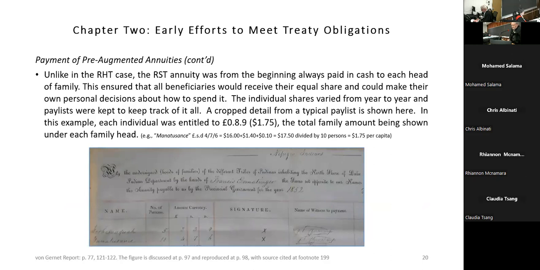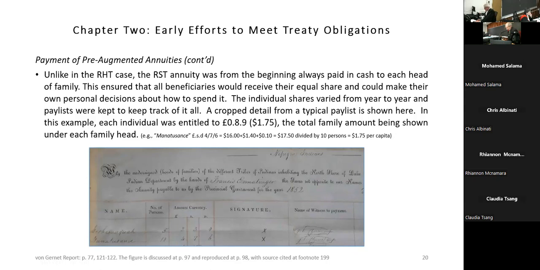So the upside for that, of course, is that the beneficiaries would receive their equal shares, and they could make their own personal decisions about how to spend it. And because there were, for a variety of reasons, which I outline at great length in my report, the individual shares would vary from year to year, wasn't always the same amount.